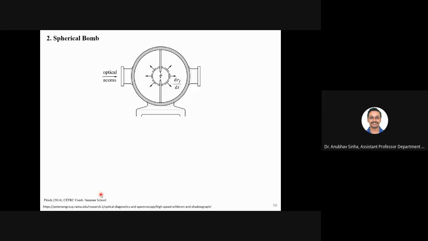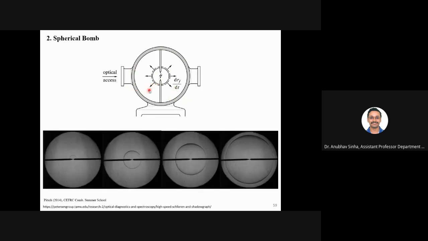So another measurement technique is using a spherical bomb. Basically what we do is we create one spherical vessel, and then we also have some windows so that we can take images of this flame. It is made of thick quartz, and we can take high speed images like this.